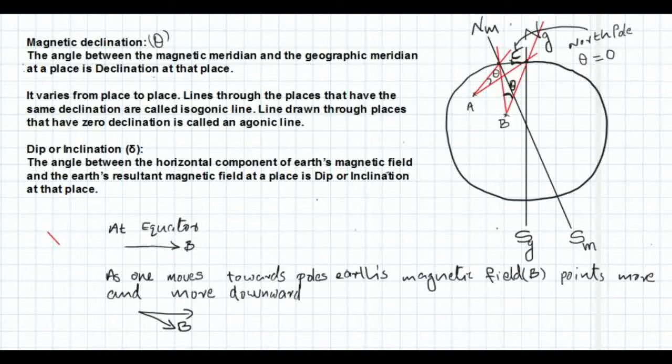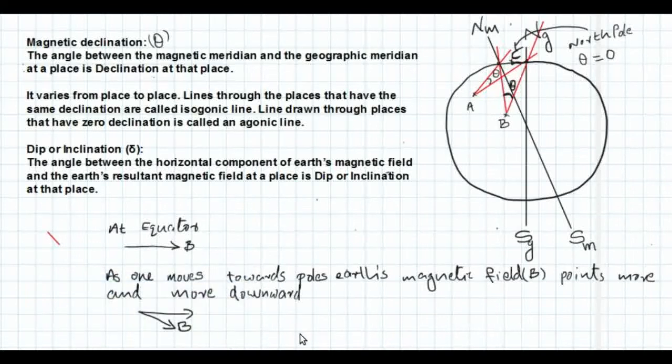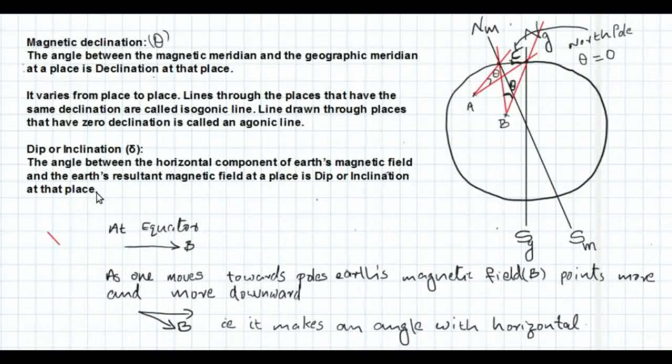So from the horizontal direction, the Earth's magnetic field makes a small angle, or it makes a dip. So in that case, we can see that there is a small angle delta formed here, and that is what is called dip. So it makes an angle with the horizontal if we are moving away from the equator, or if we are approaching the north or south pole.